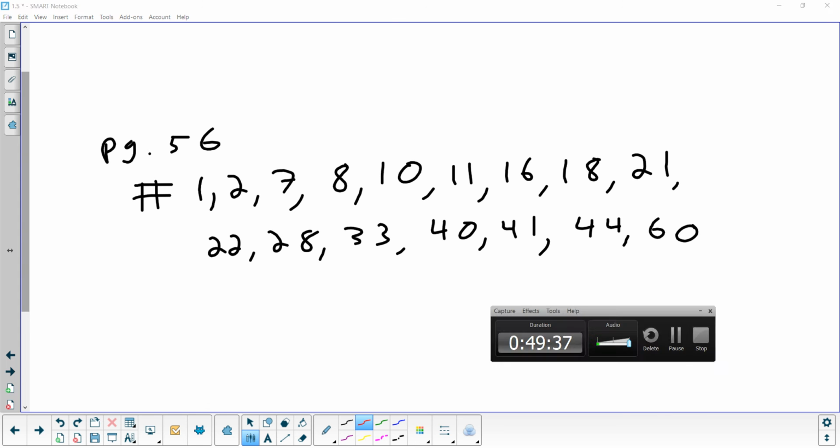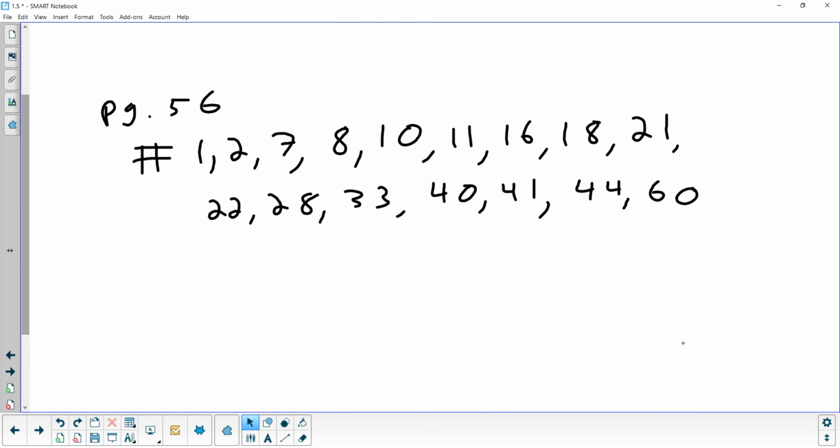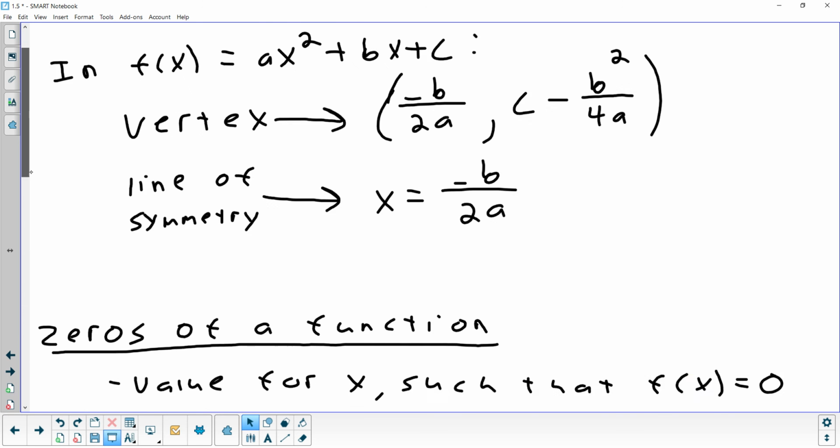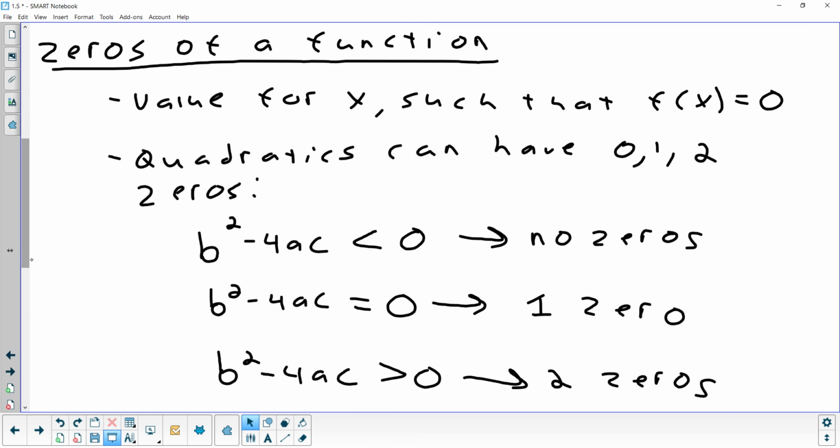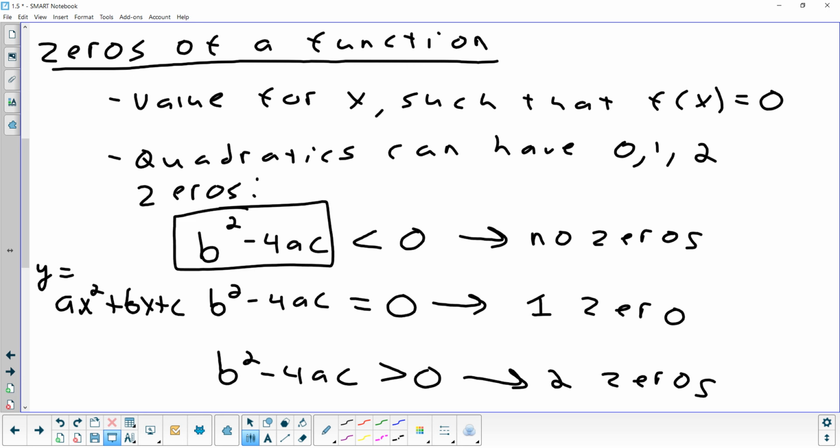All right, so the last thing that we didn't get to is called the discriminant. Basically, if you think of an equation written in the form ax squared plus bx plus c, the discriminant is this expression.